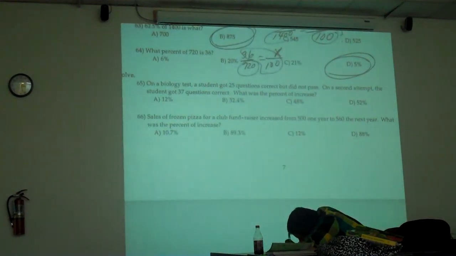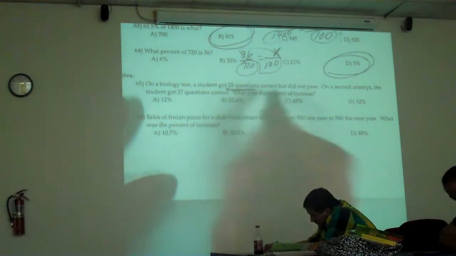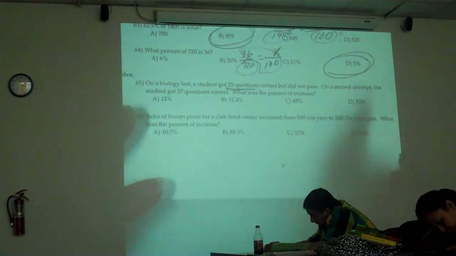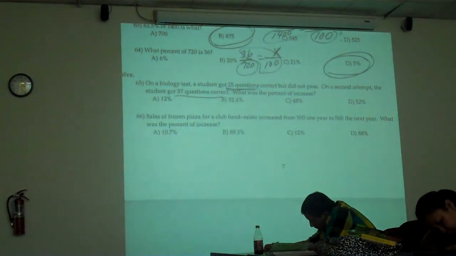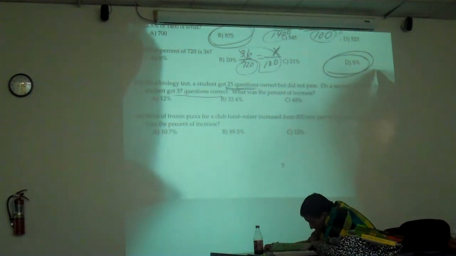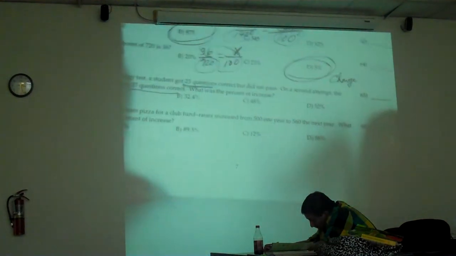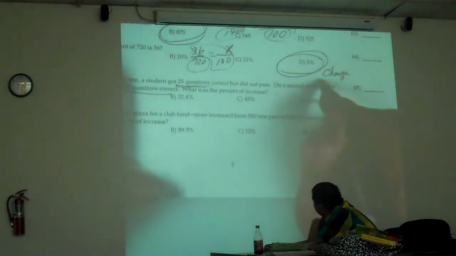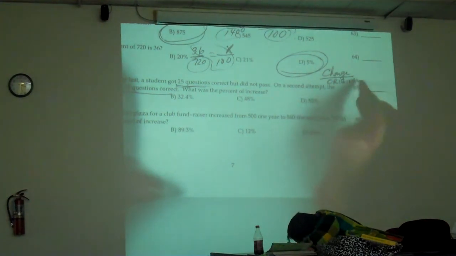Okay, on a biology test, the student got 25 correct, but they didn't pass. On the second attempt, they got 37 correct. What was the percent of increase? Okay, this is where you subtract them and you put the change, the difference, how much it changed by over the original, or the first number, equals percent over 100.